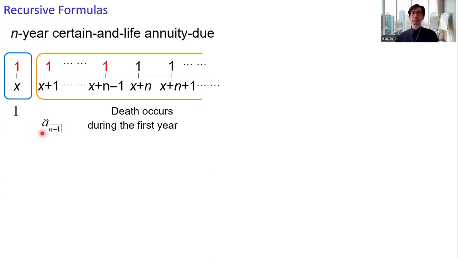This is certain, a double dot angle n-1, because this payment is still within the certain period. If the individual survives beyond age x+1, then the actuarial present value corresponds to an n-1 year certain and life annuity due issued to age x+1.